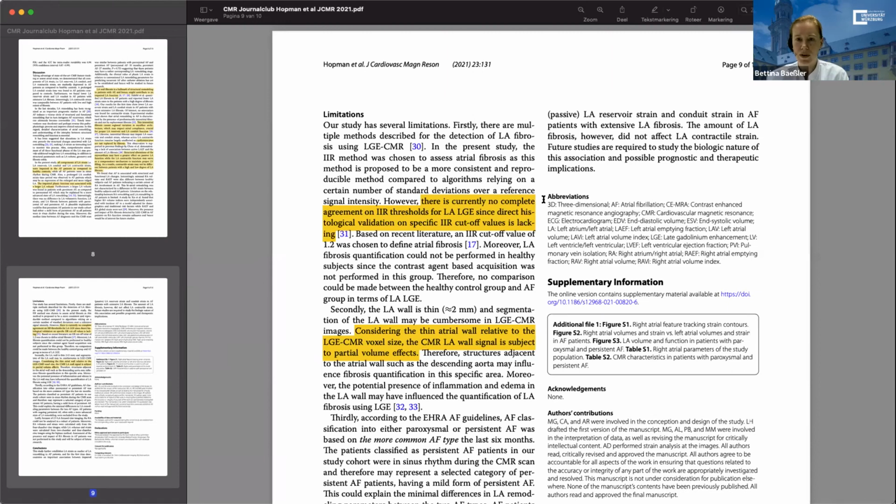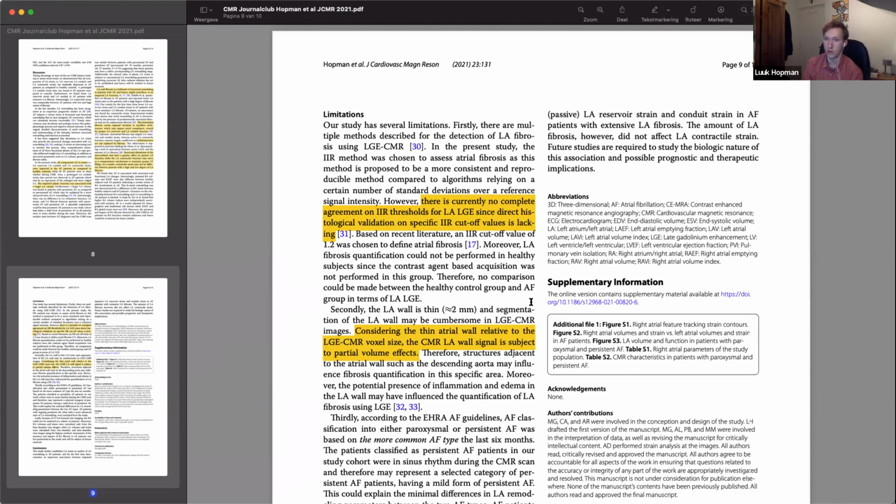And what was your experience with using Circle for LA strain analysis? Was it easy to use because it was off-label, I guess? Did you indeed use the LV tool? Yes, we used the LV feature tracking module.